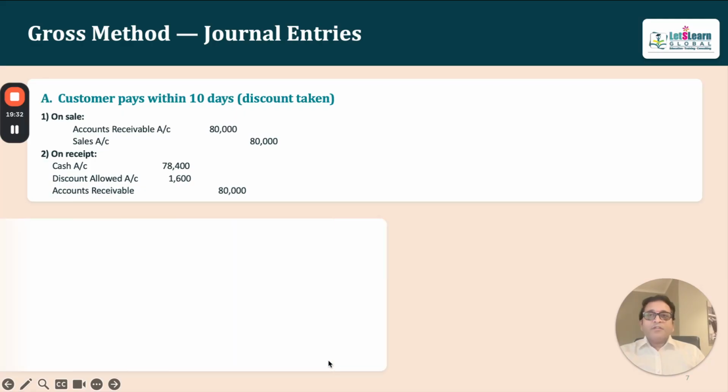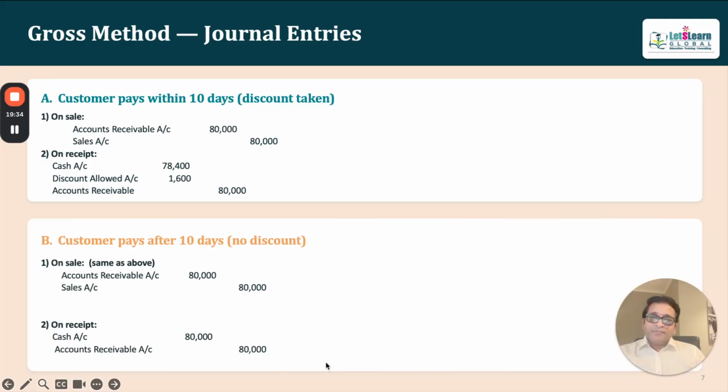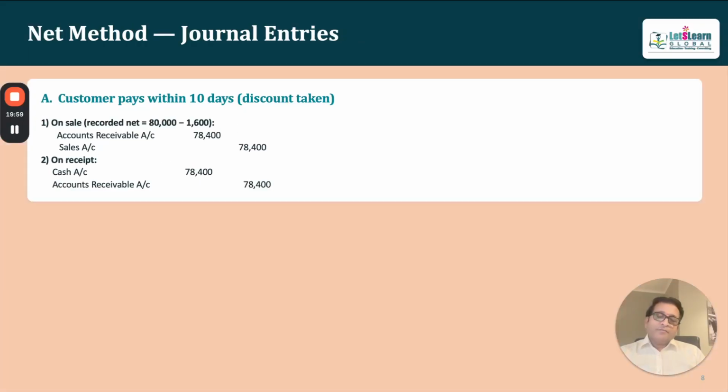What happens if the customer doesn't turn up? We'll get the full amount. The first entry will remain the same. The second entry will be for 80,000 because he paid this money after the discount period. So the gross method is very clear. If he comes within the discount period, we allow him the discount. If not, then we'll collect the full amount. Now what is the treatment in the net method?